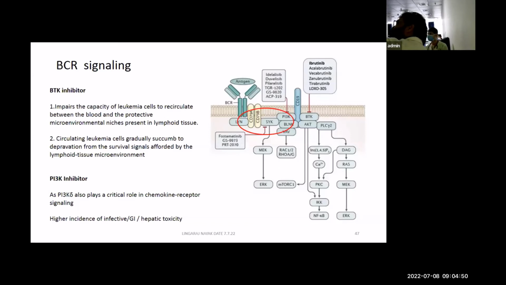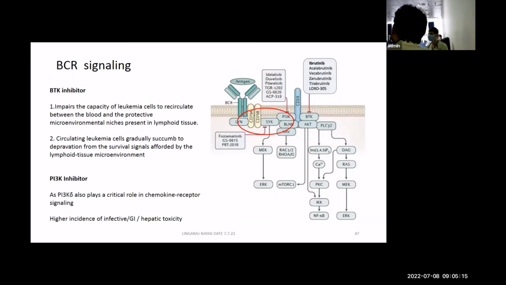So this is B cell receptor signaling. Why do you have to understand this? To understand the mechanism of how BTK inhibitors help, you have to understand how the B cell receptor functions. BCR is the B cell receptor; it encounters an antigen, and that subsequently leads to formation of a signalosome by a combination of SYK, LYN, and CD79B.